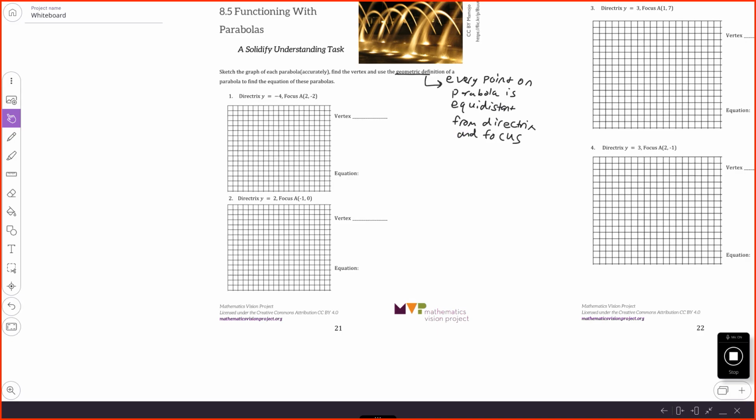So you can tell by looking at this, a focus is a point and a directrix is a line.